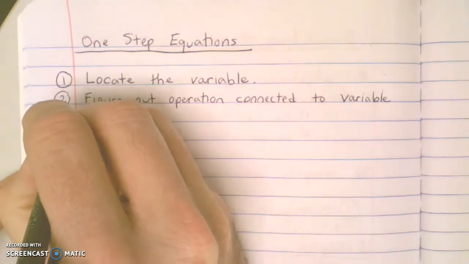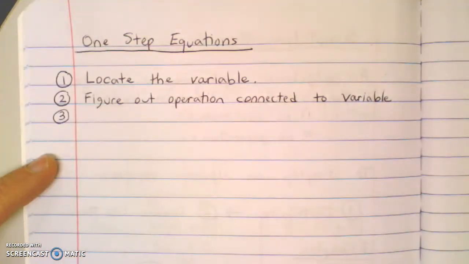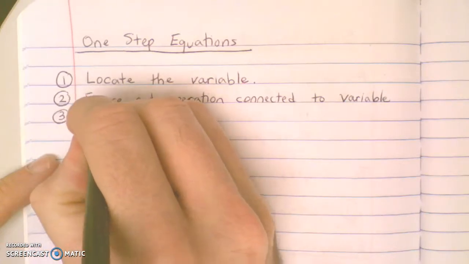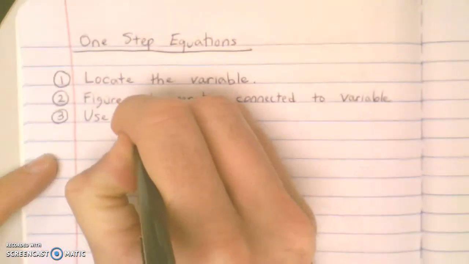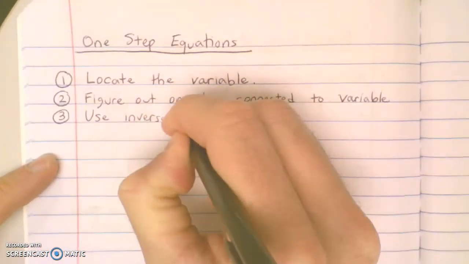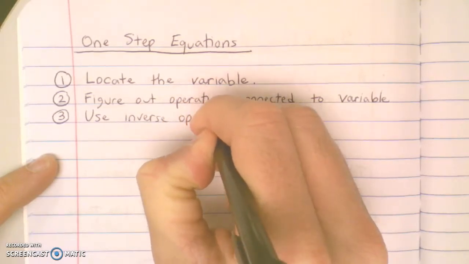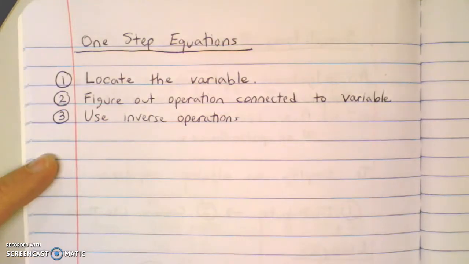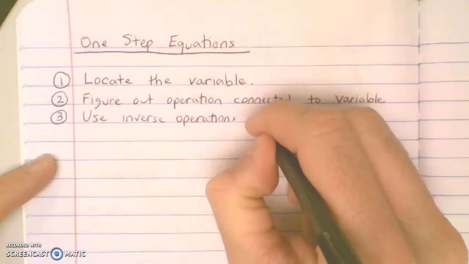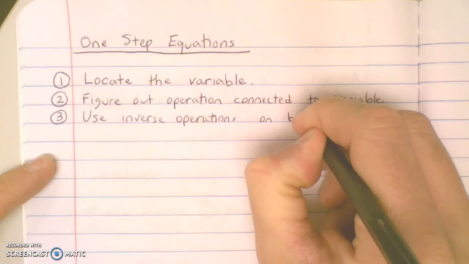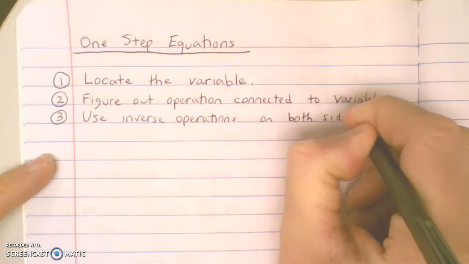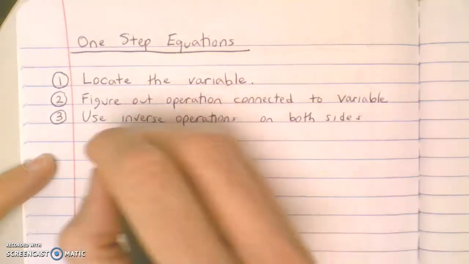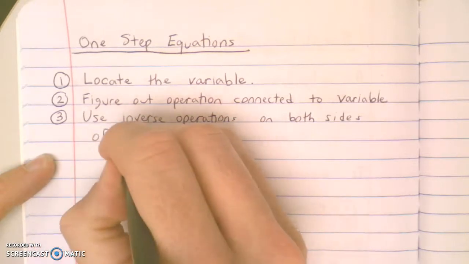The third step then is, once you know what is happening to the variable, you use inverse operations on both sides of the equal sign to solve.